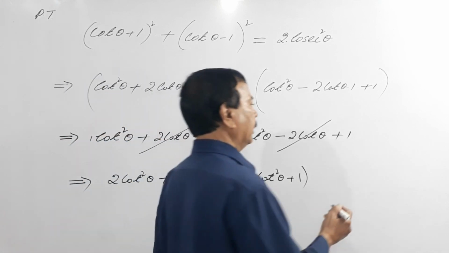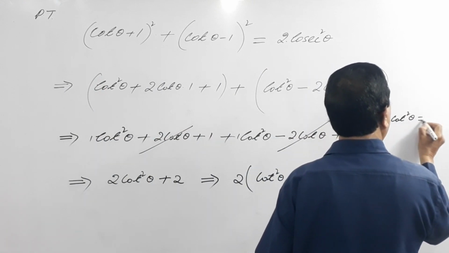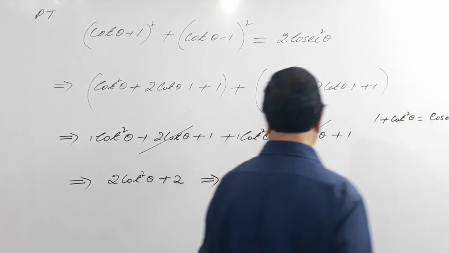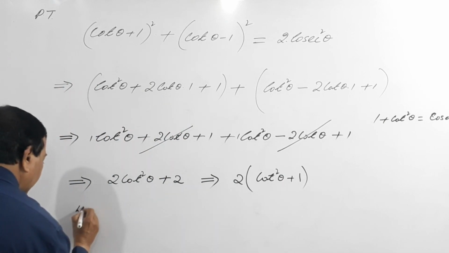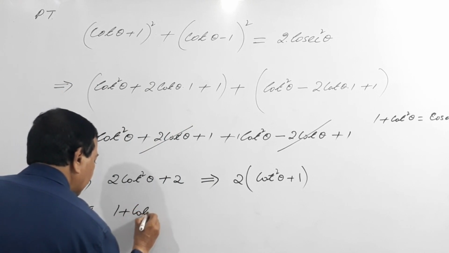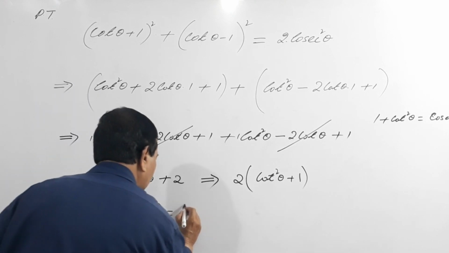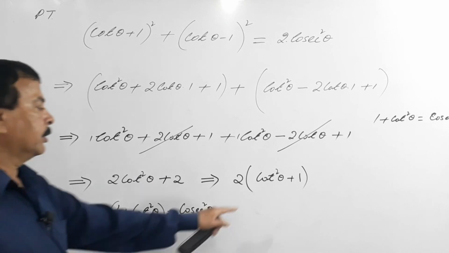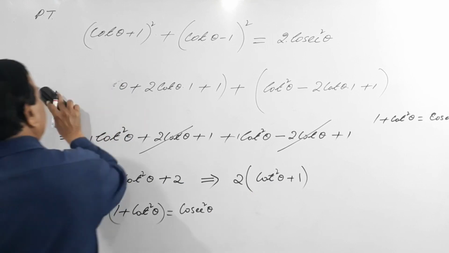We have proved it: 1 plus cot square theta equals cosecant square theta, isn't it? So instead of cot square theta plus 1, I'll put cosecant square theta.